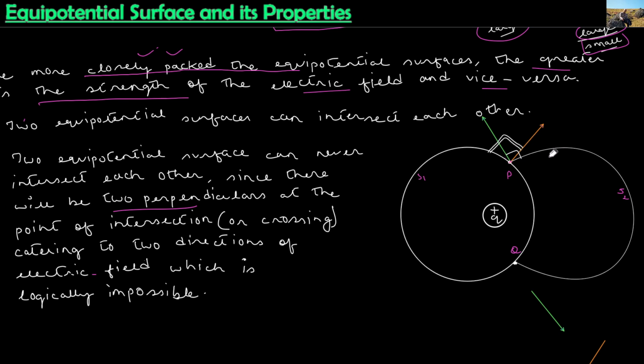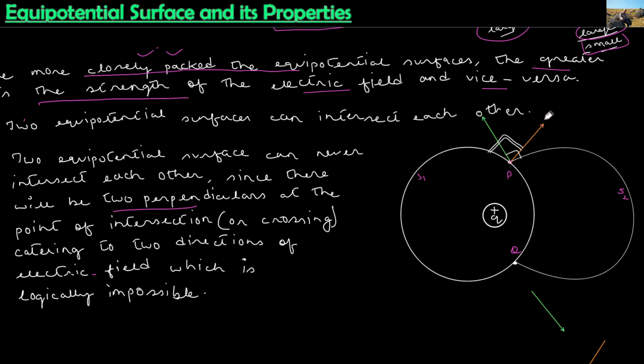Similarly, at point Q, with respect to S1, the perpendicular will be in that direction. With respect to S2, the perpendicular will be in this direction. So those are the illustrations, which means that at one point there will be two perpendiculars.